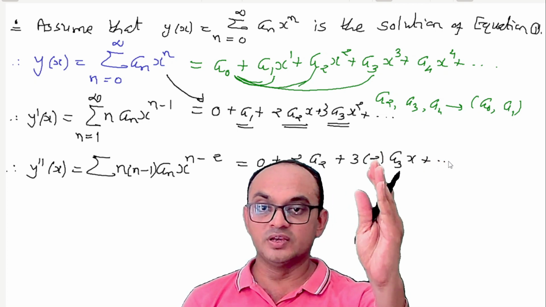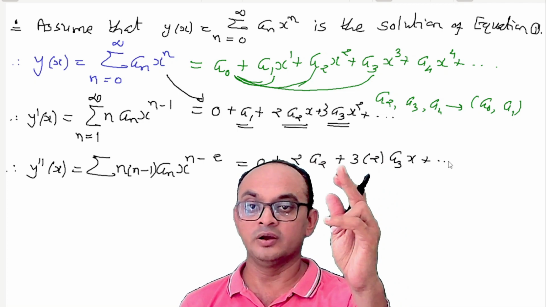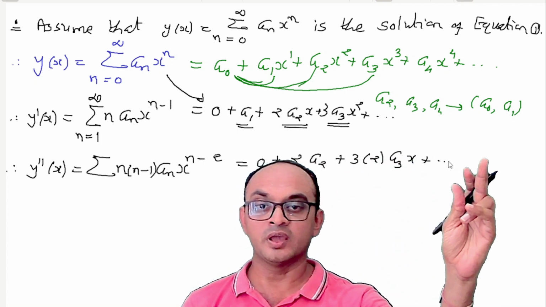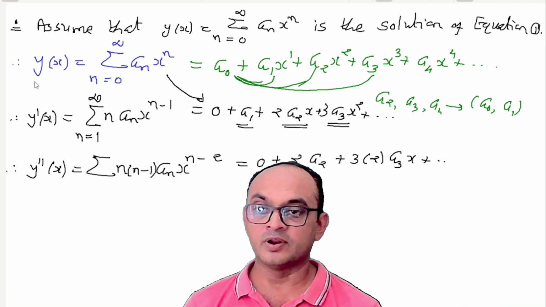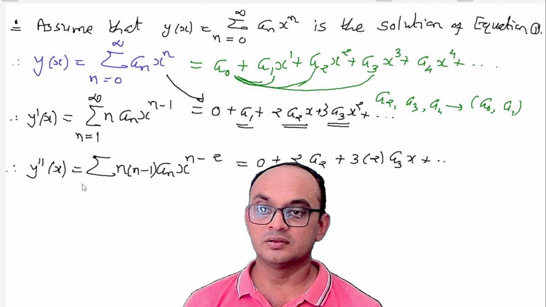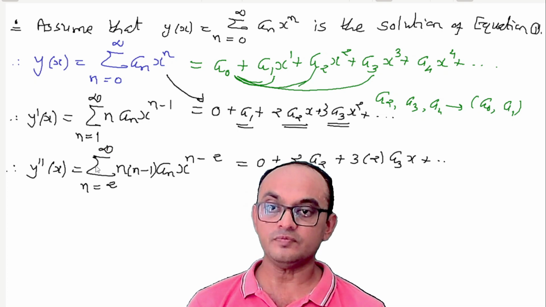So if you observe this, then the suffixes are starting from a2, a2, a3, a4, a5, a6 and so on, right? So I am writing here suffix starting from 2, n is equal to 2 to infinity. You need to be careful about this.